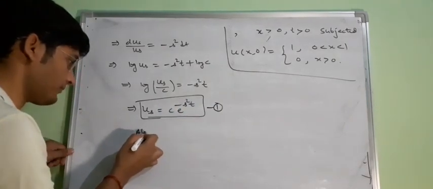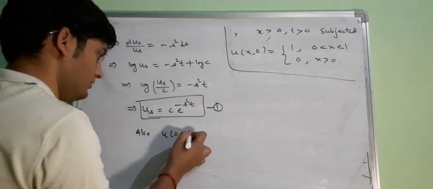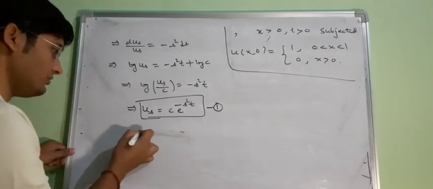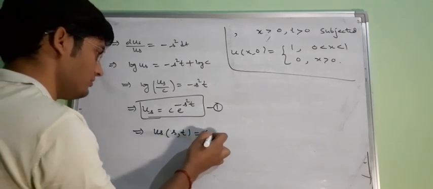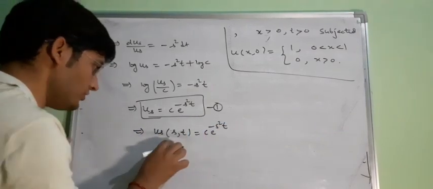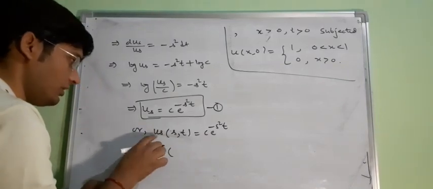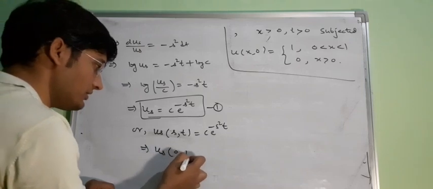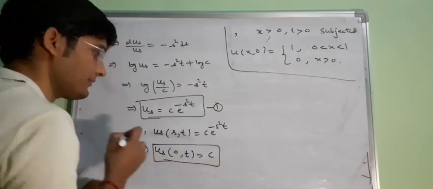Also u0t, again from this equation you can see that this is your this term. Now if your s equal to 0, then you can see that this is e to power 0, and e to power 0 is 1, so this is your c.